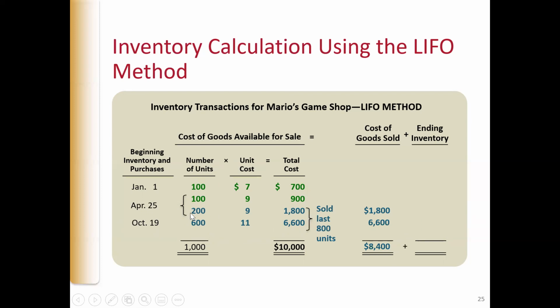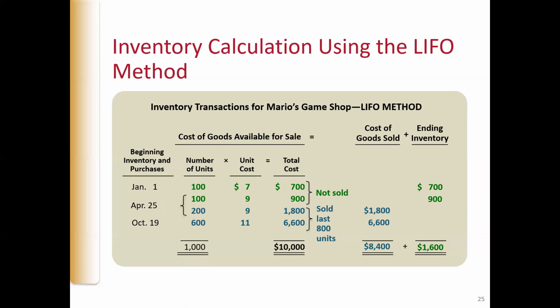And then 200 of the 300 units in April are going to be sold, which means what's left in ending inventory would be the oldest units, the units from the beginning inventory, and 100 units from the April 25th purchase.